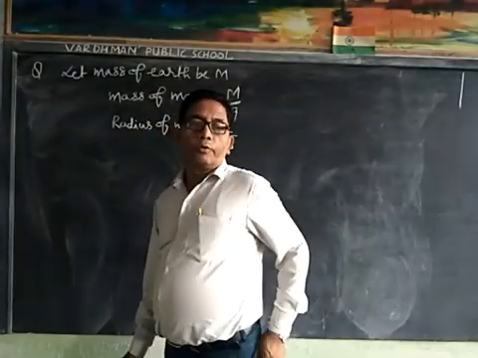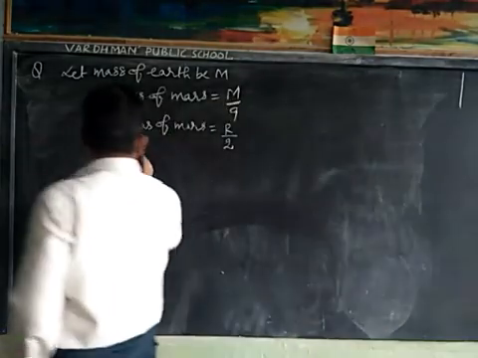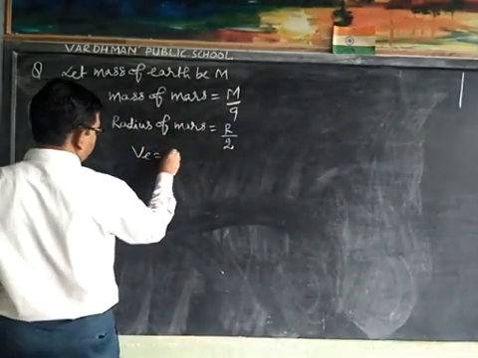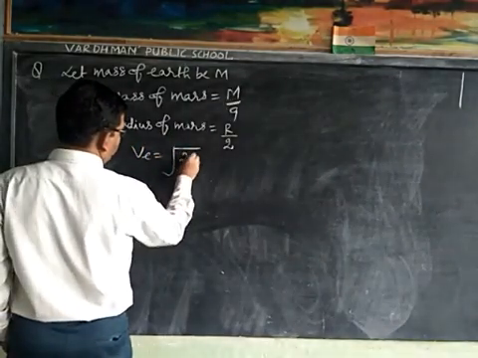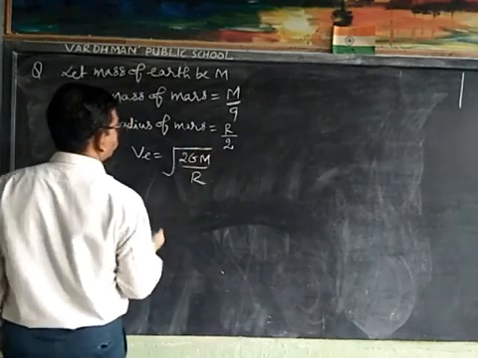We know VE is equal to under root 2GM upon R.